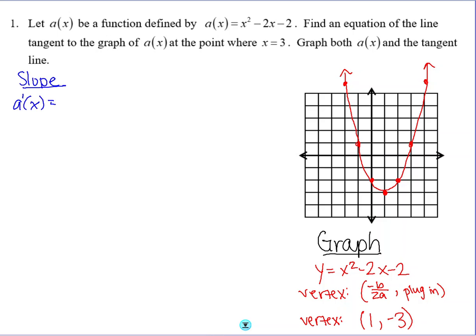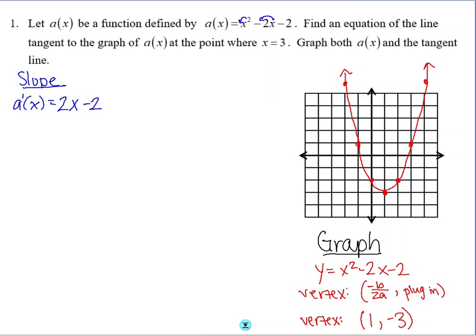So using the power rule, I'm going to take my exponent, multiply it with my coefficient, and drop the degree, so I end up with 2x minus 2 as my derivative.